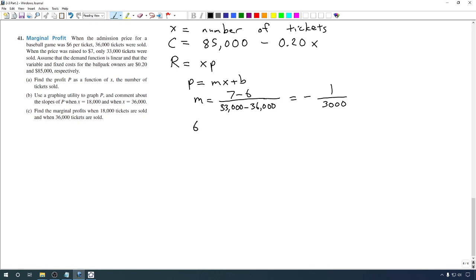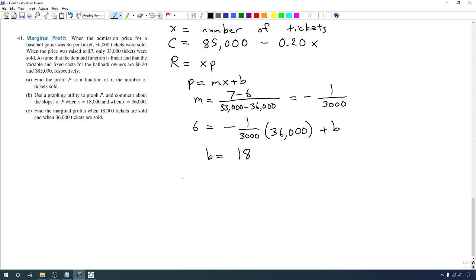Basically, a price of 6 equals our slope of negative 1 over 3,000 times the x value, which is 36,000, and then plus b. Now I'm going to solve for b, because everything else is replaced with numbers. If I solve for b, basically I'm going to take 6, and I'm going to add 36,000 divided by 3,000. That actually comes out fairly nice. We get a b of 18.